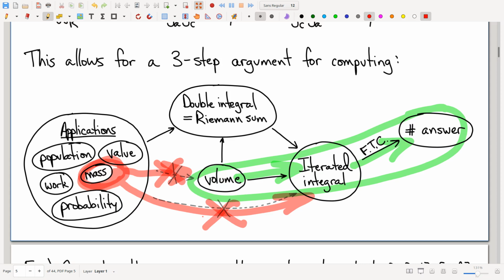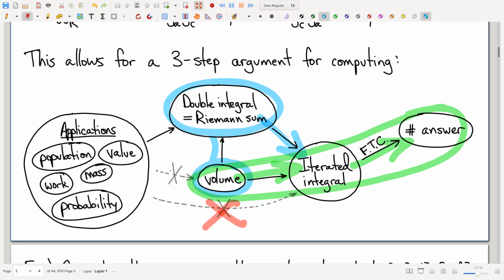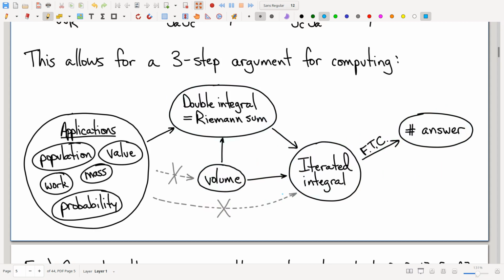So we just got through computing volume with a double integral and concluding that double integrals can then be turned into iterated integrals. And now we have a way out. Now we have a way to actually solve problems. If you want to compute the answer to one of these applications, write it as a double integral. Then you can say, hey, by the way, guess what?